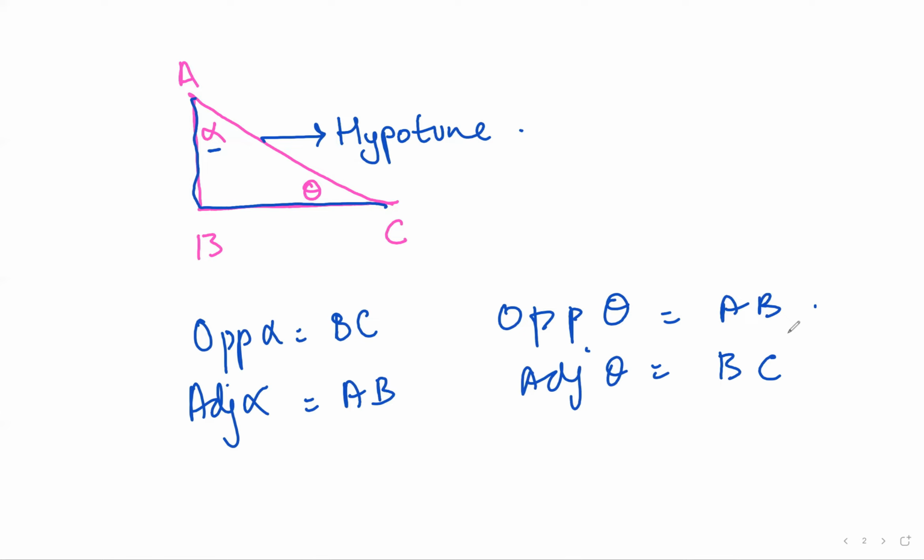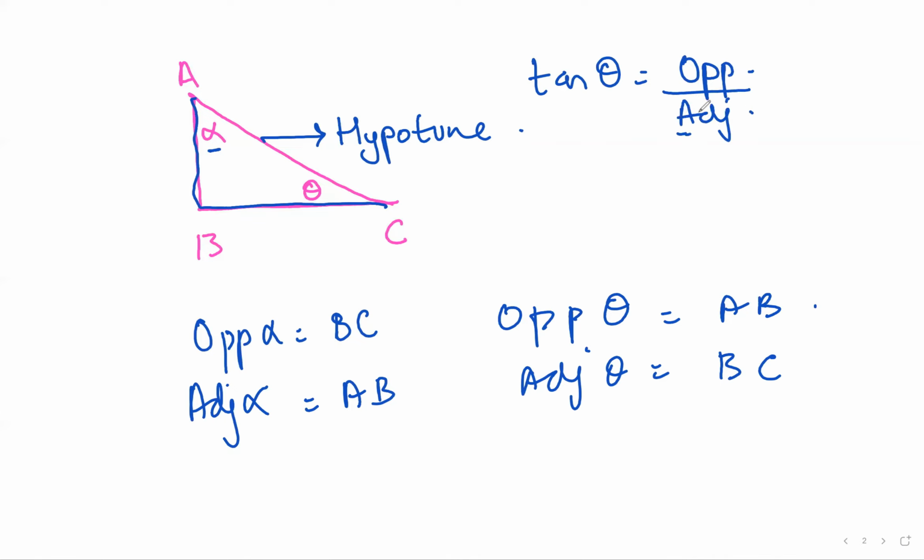Now, very, very important formulas that we will be learning. It is very easy to remember these formulas. Just pay attention. Whatever formulas we learn will revolve around the opposite, adjacent, and hypotenuse. First, let's talk about opposite and adjacent. Tan theta is equal to opposite over adjacent.